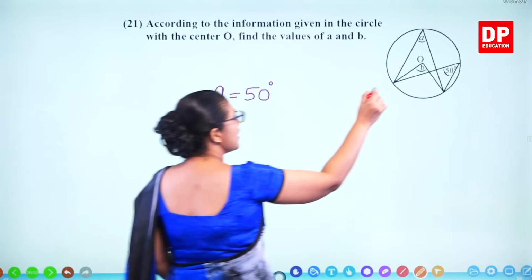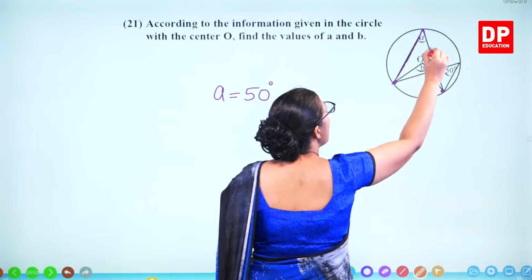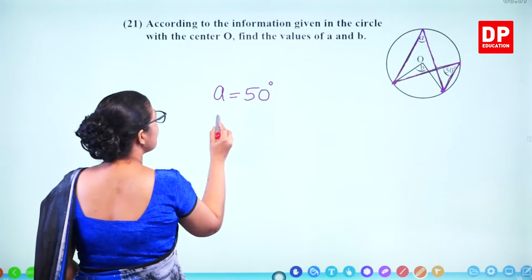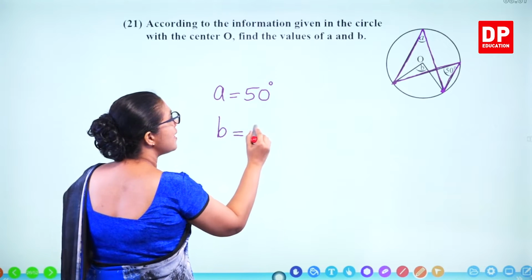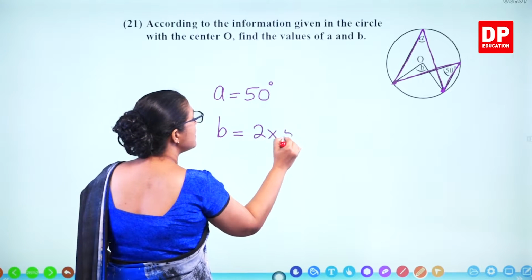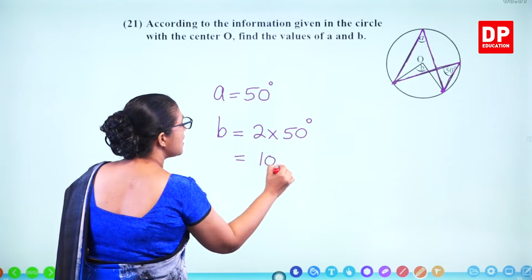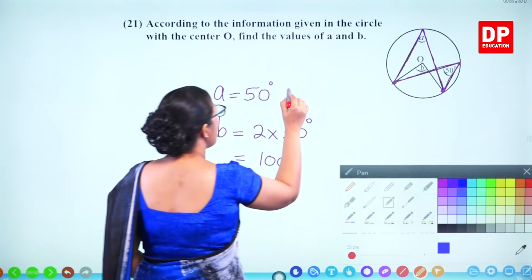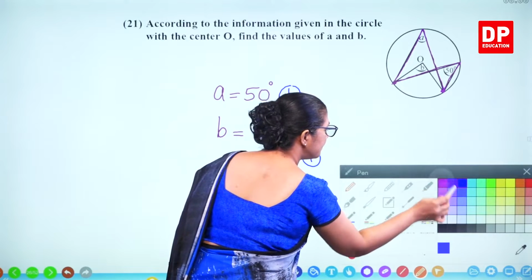When you take these 2 points, these same segment angles are equal. And what about B? B is twice the angle subtended on the circumference. So 2 times 50, 100 degrees. So 1 mark for A and 1 mark for B.